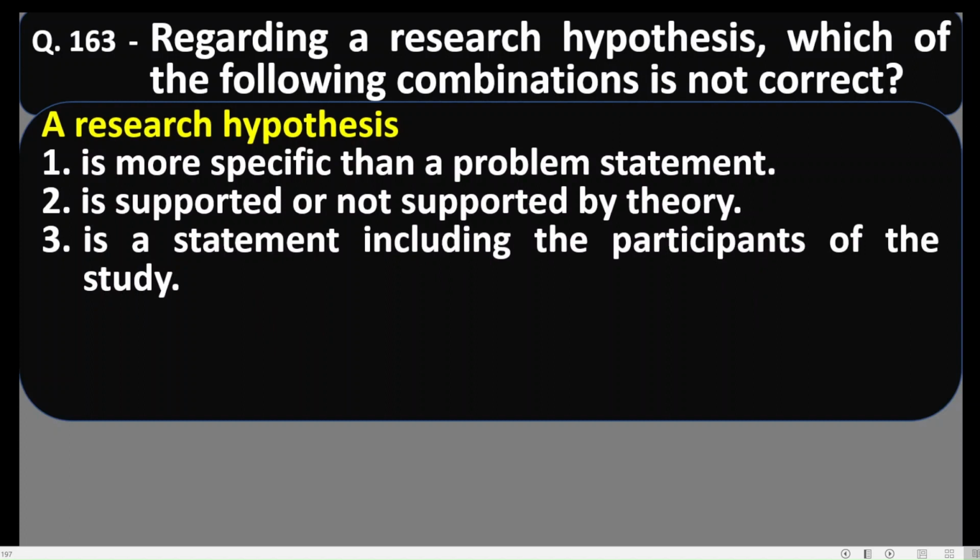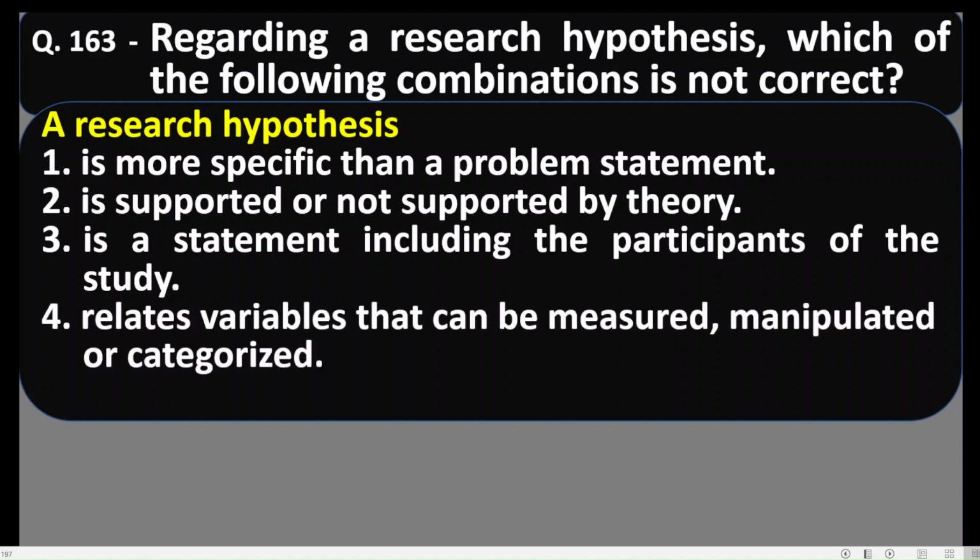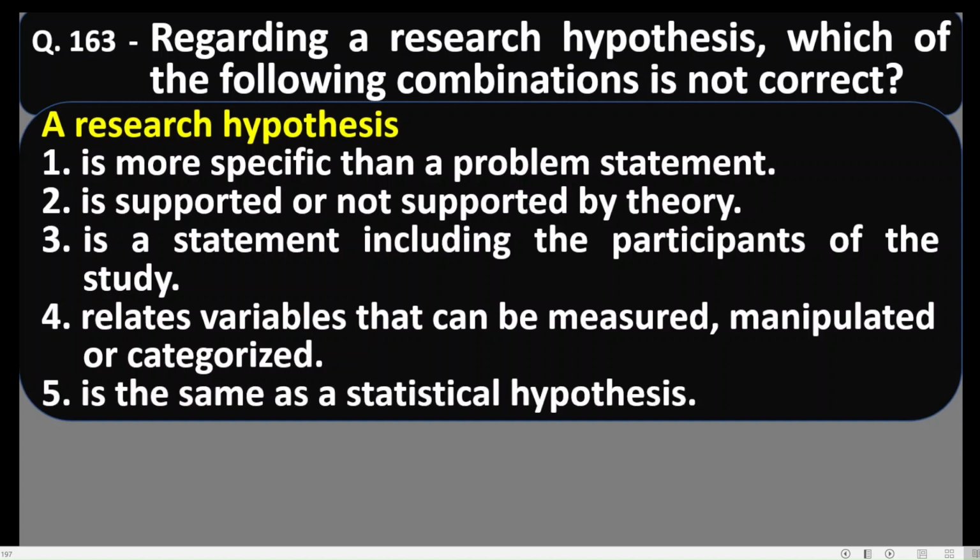Number 3 is a statement including the participants of the study. Yes, we have to show the participants in the research hypothesis. It is true. Number 4 relates variables that can be measured, manipulated, or categorized. It is also true. In a hypothesis, everything is shown. And number 5 is the same as a statistical hypothesis. It is false.